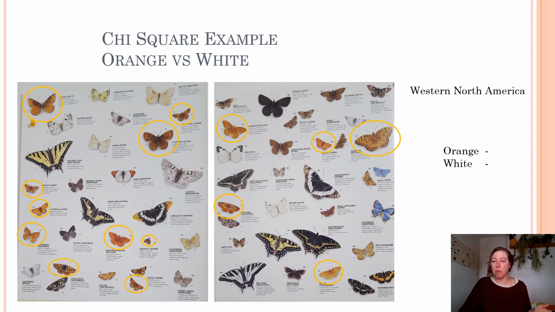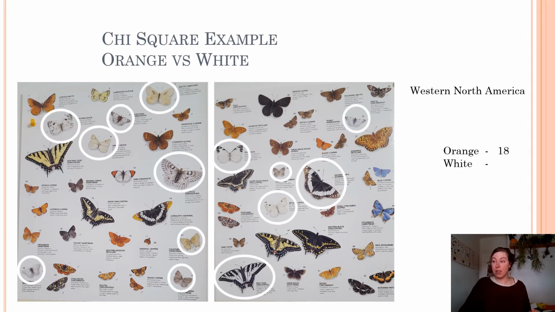And we could have arguments about which ones are orange and which ones aren't, but for now, we're going to go with these. This guy is, in my opinion, half orange and half white, so I'm not going to count this particular butterfly. I'm just going to count the others. So that gives me 18 orange butterflies.